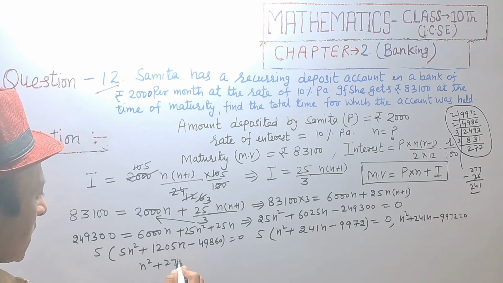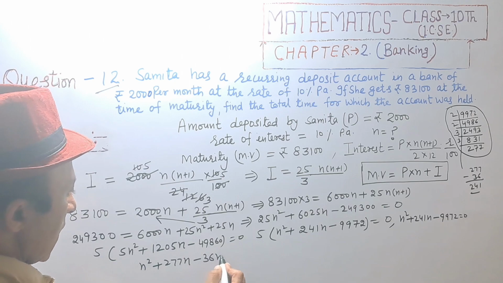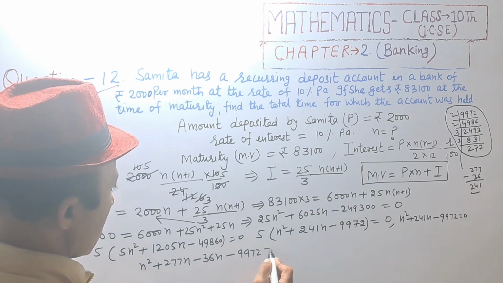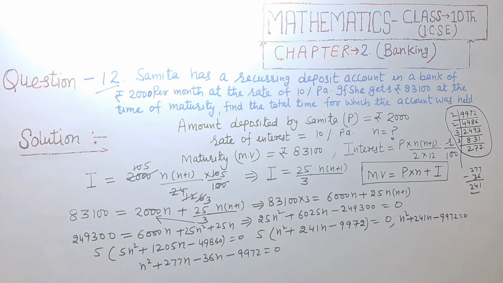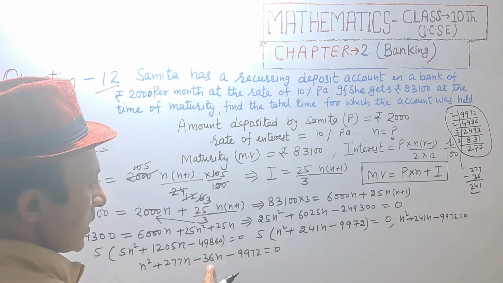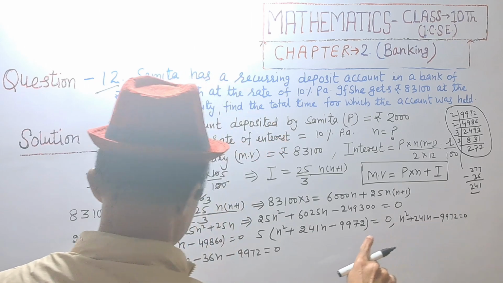So n square plus 277n minus 36n minus 9972 equal to 0. 277 minus 36 is equal to 241n.